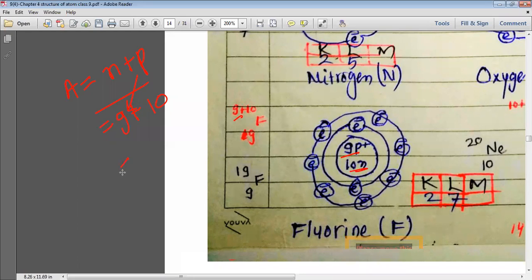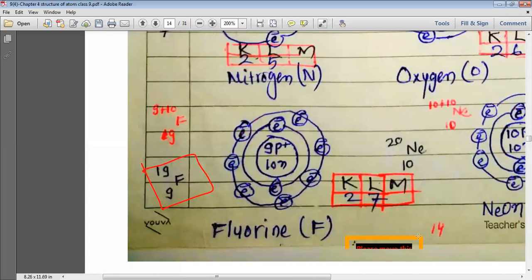So the total becomes 19. So in fluorine we have 9 protons and 10 neutrons. The atomic mass number becomes 19, the atomic number becomes 9, and this is how we represent 9F19. 9F19 says that the atomic number of fluorine is 9 and the atomic mass number of fluorine is 19.